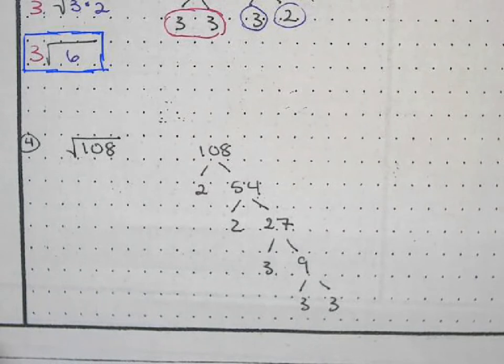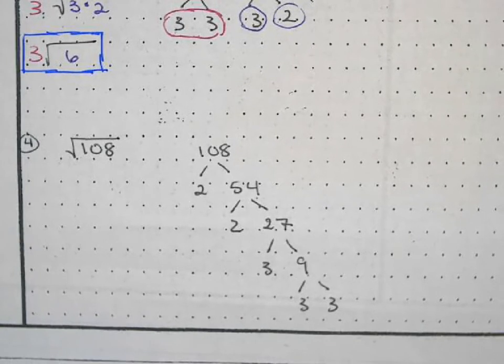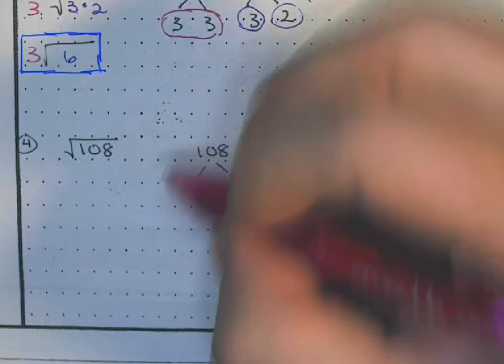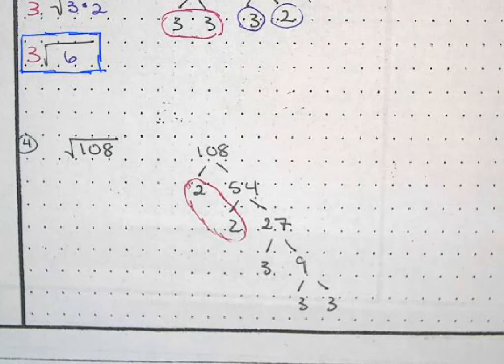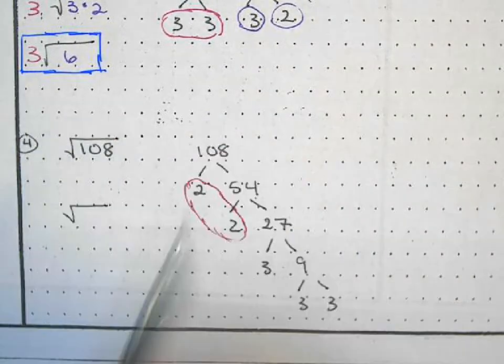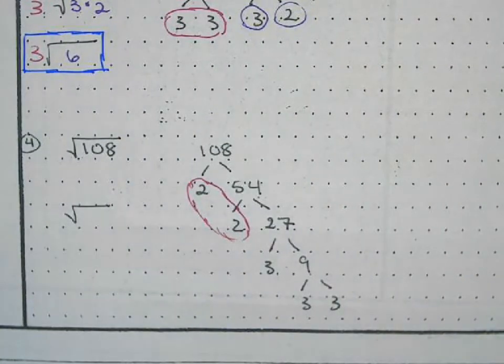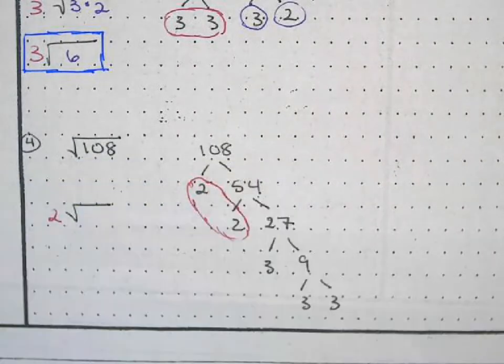And now we are able to find our pairs and go from there. So I have a pair of 2s. So I'm going to write my square root symbol and start putting things outside and things inside. Pair of 2s, so I got a 2 outside.